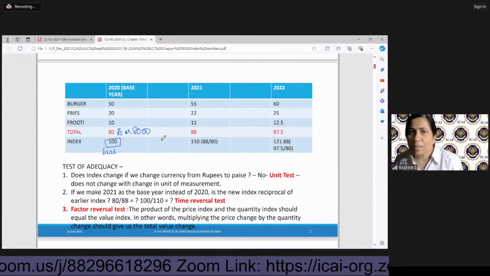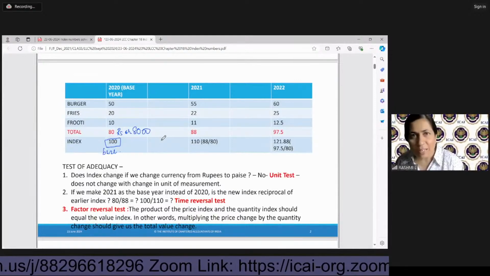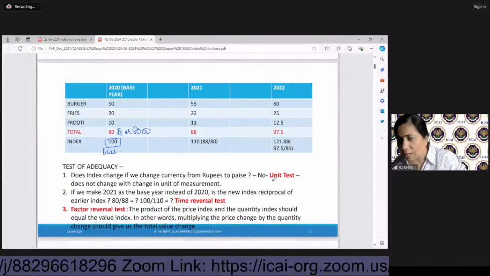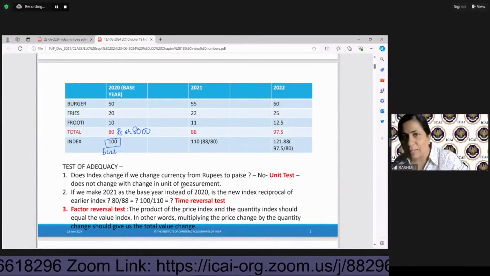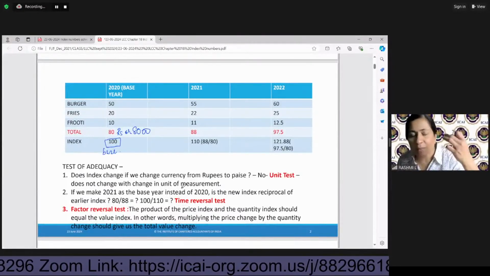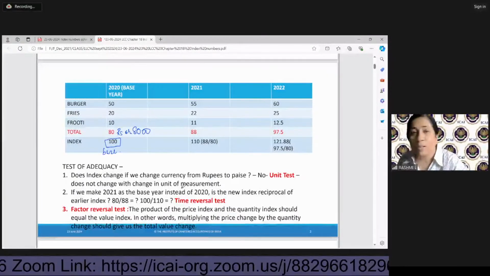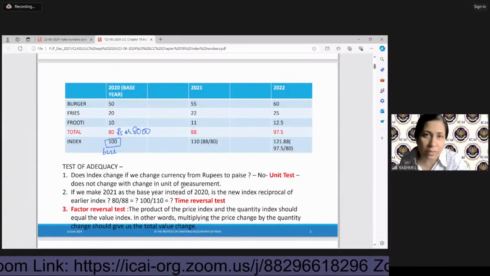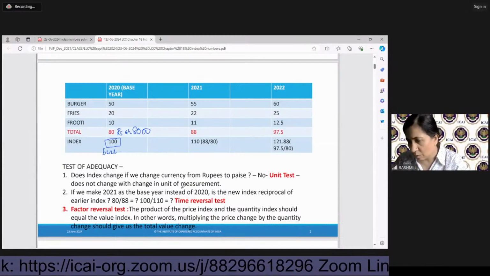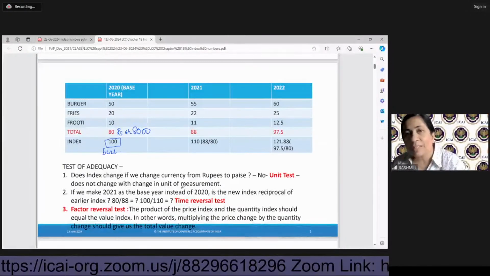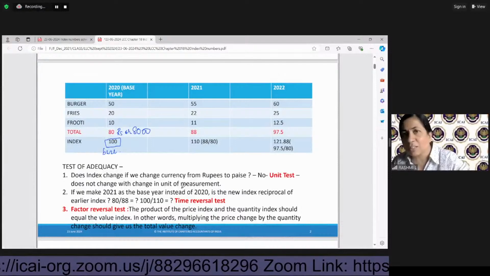No, because paise and rupees you can easily convert. That is called the unit test. It does not change with the unit of measurement. If I record something in rupees and then in paise, the whole index is not going to change just because I changed the unit.